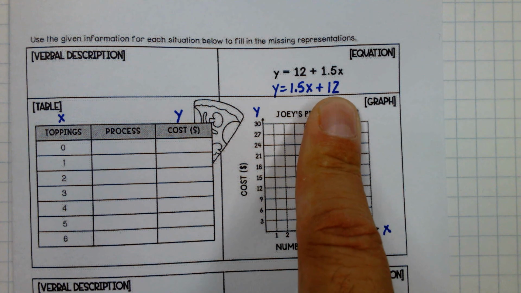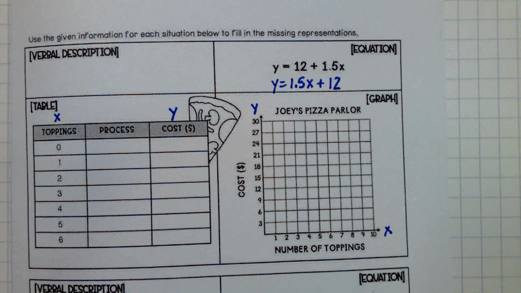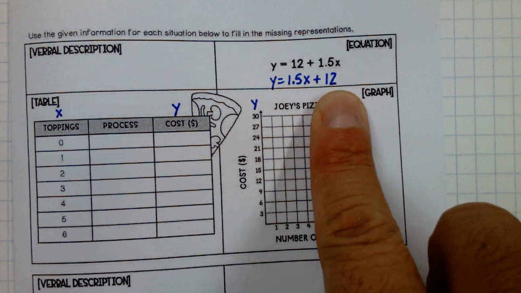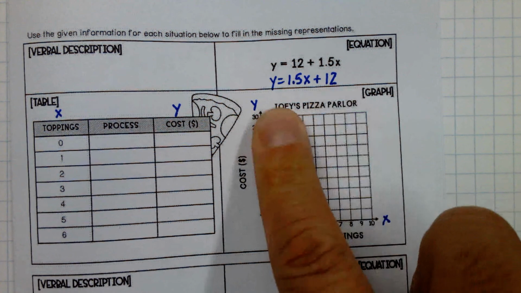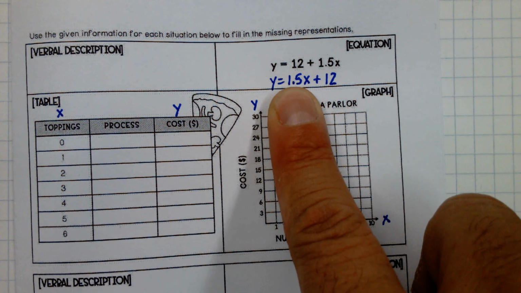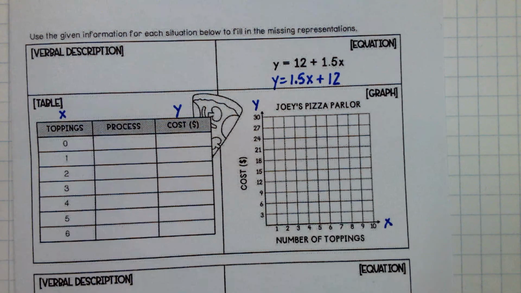Yeah, the initial cost for the pizza. You've been to a pizza place, right? You can get your basic cheese pizza for a certain amount, in this case, $12. And then it's a certain amount, in this case, $1.50 per topping. So that's the description, maybe.